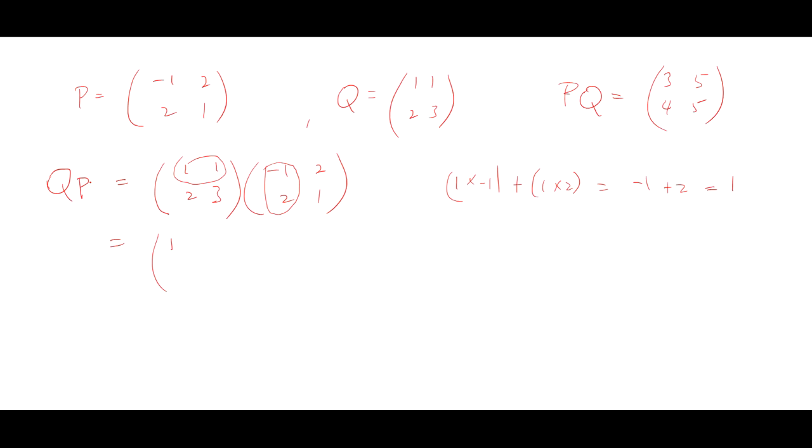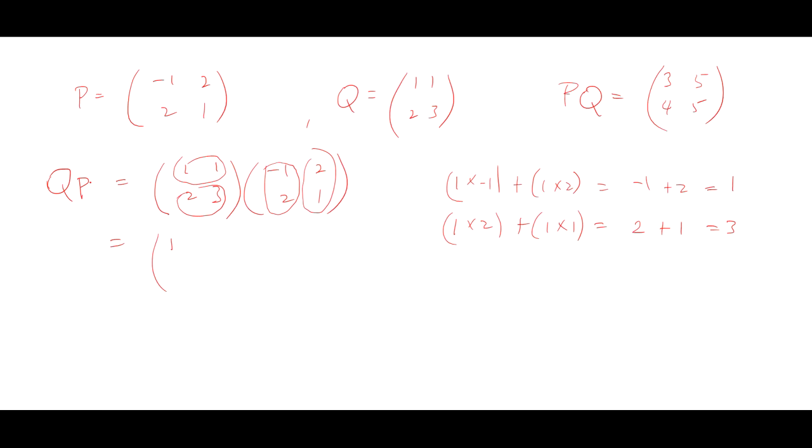Then we're going to take the 1, 1 and multiply by 2, 1. So it's 1 by 2 plus 1 by 1, which is equal to 2 plus 1, which is 3. And then I'm going to deal with the second row.